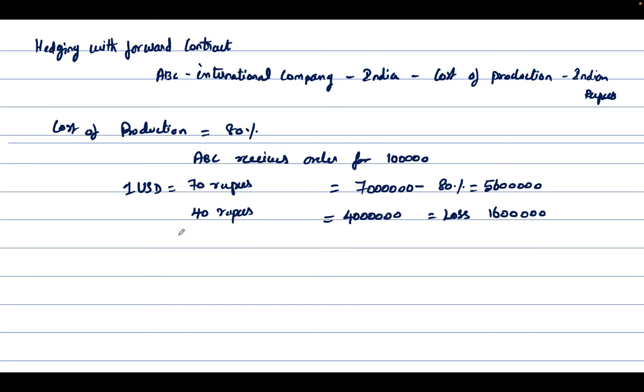Whereas if the rate goes up to 80, then they will receive 80 lakhs. Then they will be making a profit of 24 lakhs.